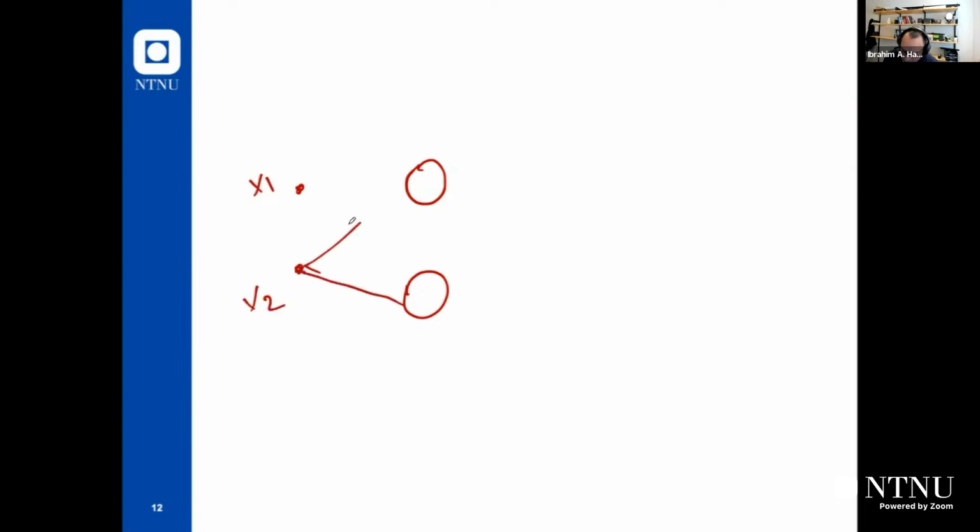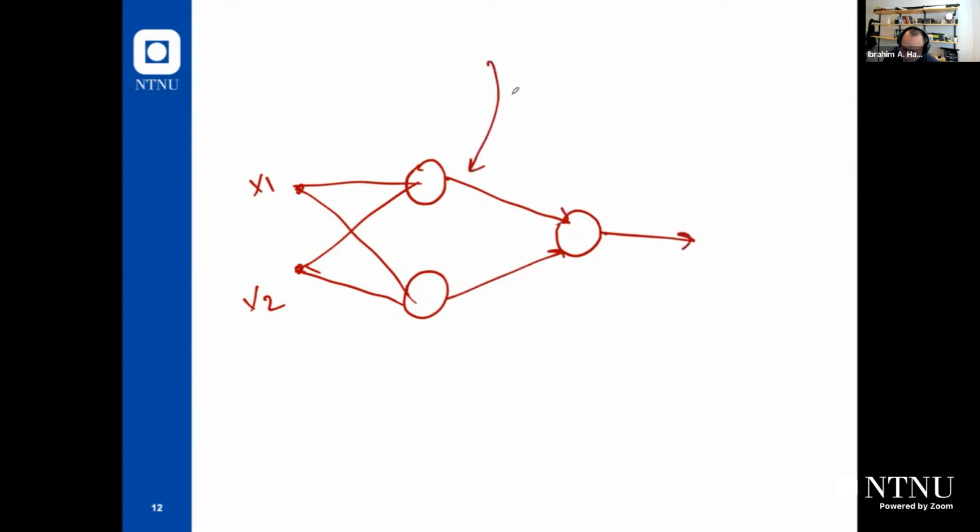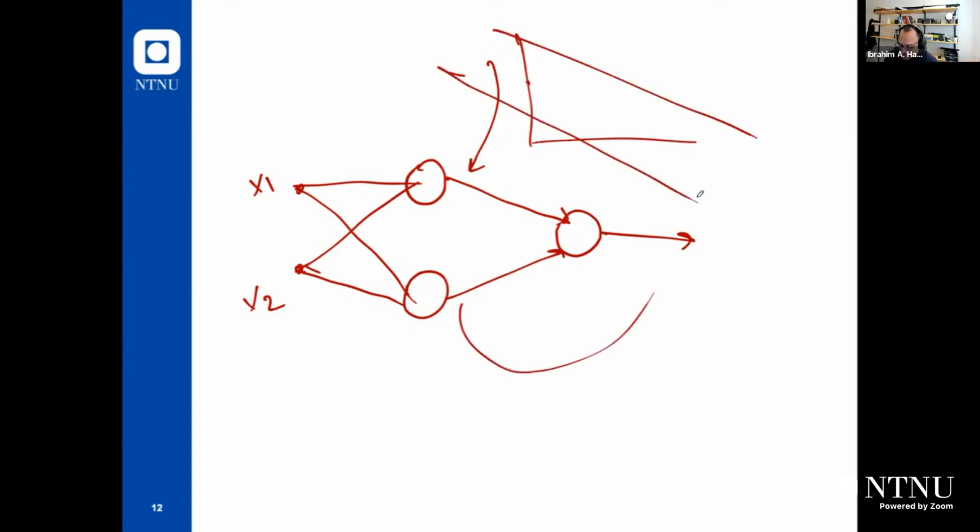So I will feed those to my inputs, right? And after that, I need to have another one which will combine the decision from those 2 perceptrons. So in fact, this one will generate 1 line. This one will generate another line, correct? And this output layer will combine the decision to get only a single decision.